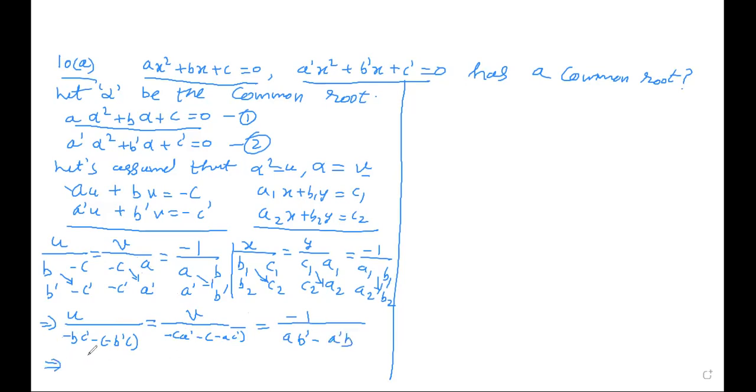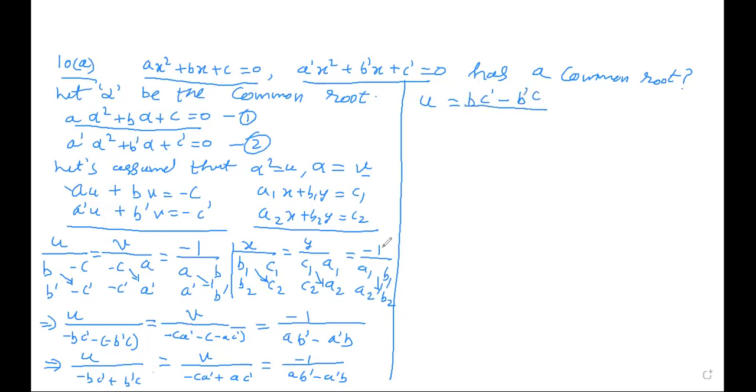Okay, and it implies u upon minus bc dash plus b dash c equals to v upon minus ca dash plus ac dash equals to minus 1 upon ab dash minus a dash b. So comparing first and third, we get u equals to minus bc dash plus b dash c goes to the numerator. So it becomes bc dash minus b dash c over denominator ab dash minus a dash b.